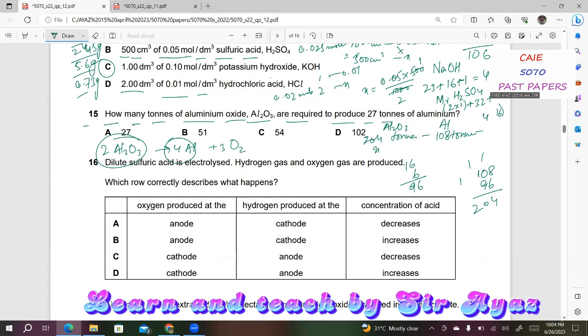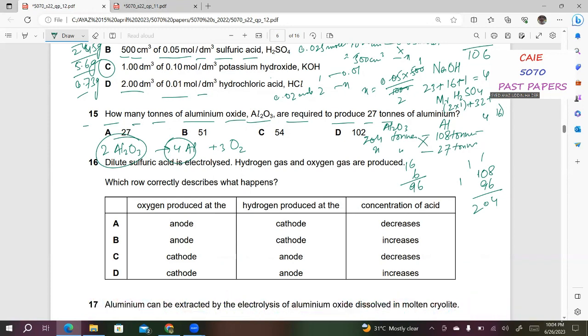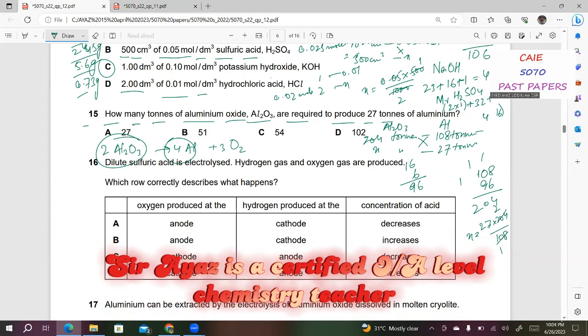So X tons from 27 tons of aluminium. Do the cross, we'll get X is equal to 27 multiplied by 204 divided by 108.